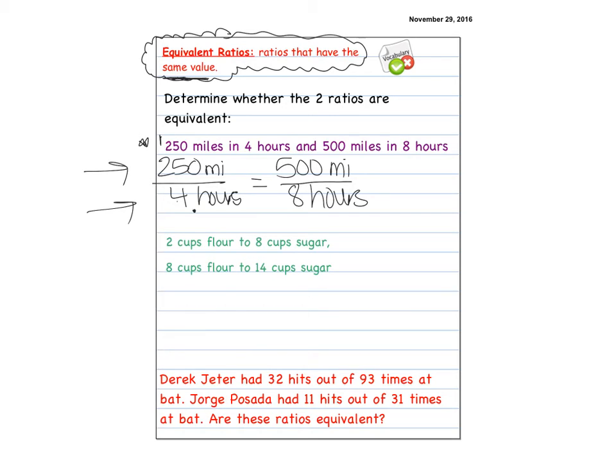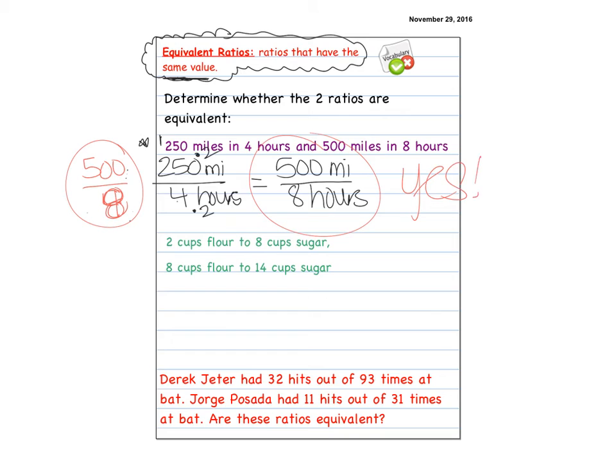So if I just do 4 times 2 and 250 times 2, I would rewrite this as 500 over 8. And then I can see that these are the same. So yes, they are equivalent.